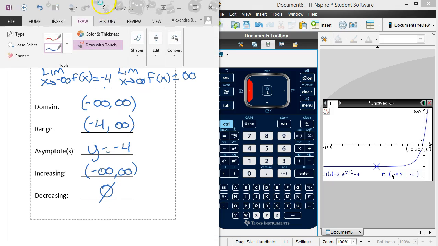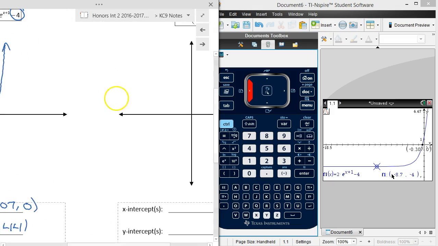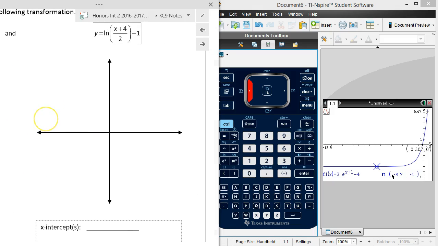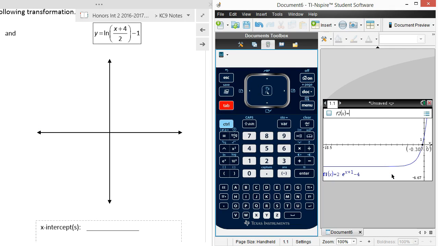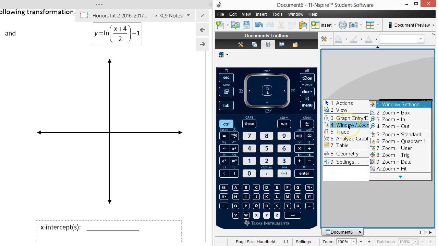All right, let's look at our second graph. We have y equals the natural log of (x plus 4) over 2, minus 1.